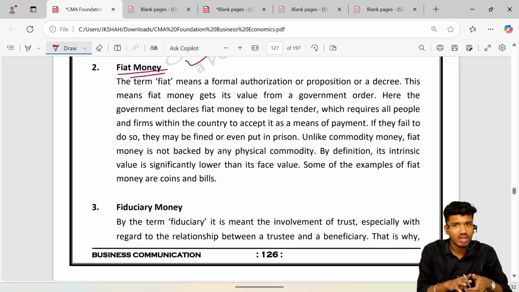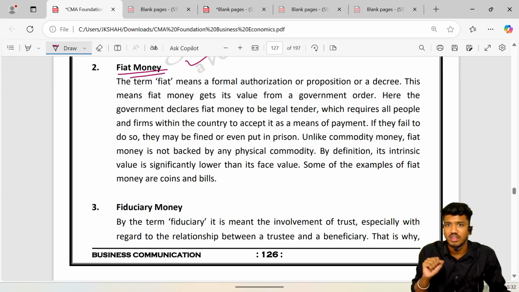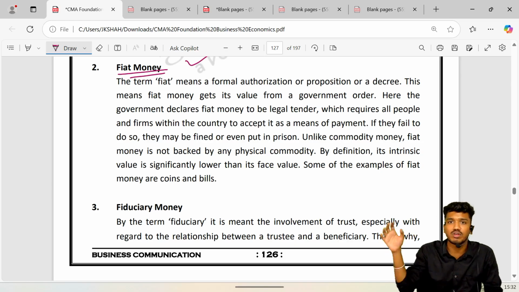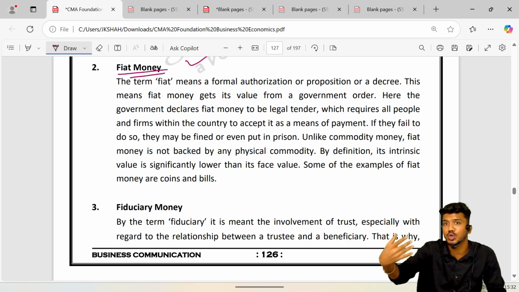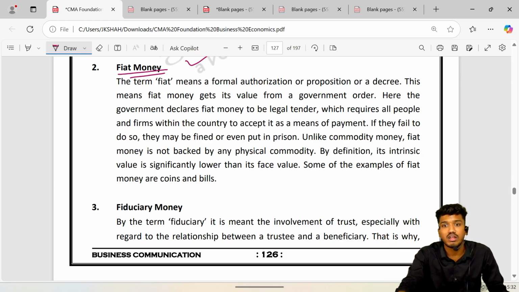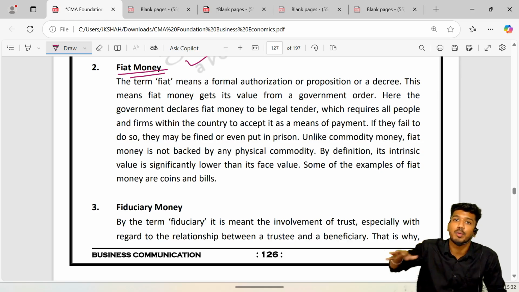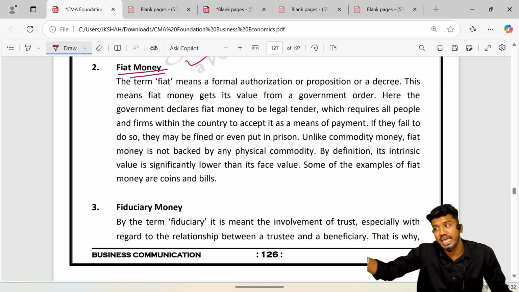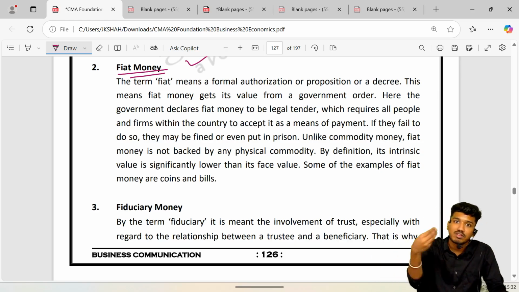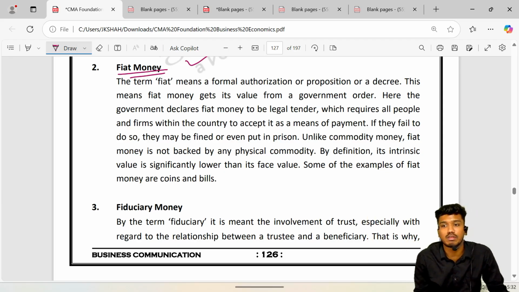For example, rupees 10 notes, 20 notes, 50 notes and 100 notes are printed and issued by the Government of India. They are the formal currency issued by the Government of India, and everybody in the country must use it for the purpose of circulation.